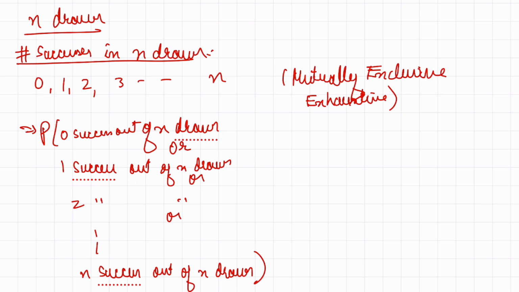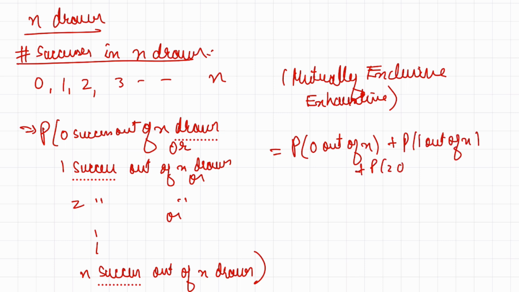So think about it. It's a mutually exclusive and exhaustive setup. So therefore, it's going to be just the sum of these probabilities. So 0 success, I'm just quickly denoting it like 0 out of n, plus 1 out of n, plus 2. Similarly, we add it up till we get n success out of n draws.